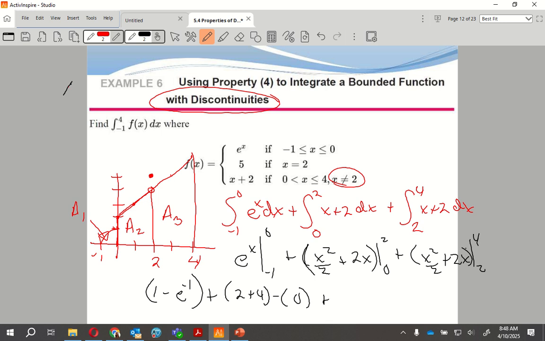So it's plus upper bound, which is going to be 4 squared is 16, divided by 2 is 8, plus 8, minus the lower bound, which is going to be 2 plus 4. So let me see. That's 6, and that's minus 6. 16, 17, minus e to the negative first.